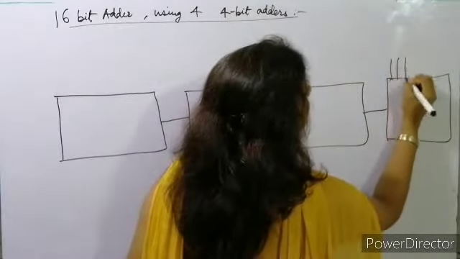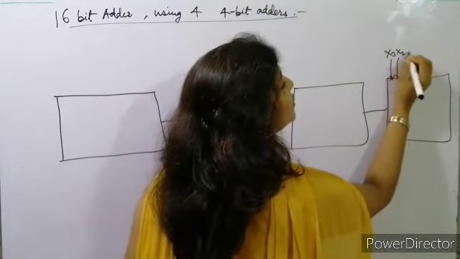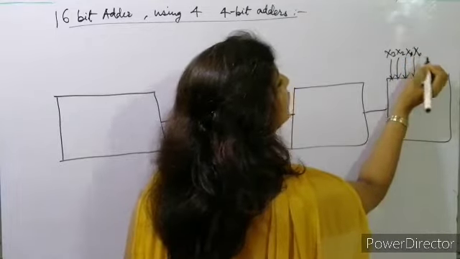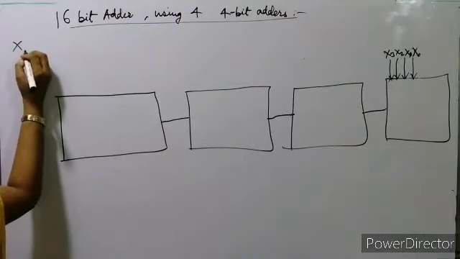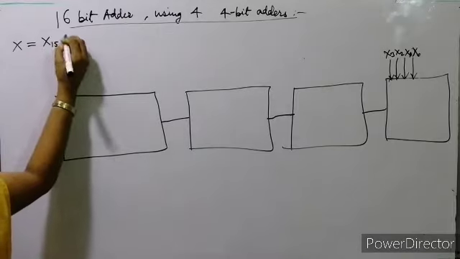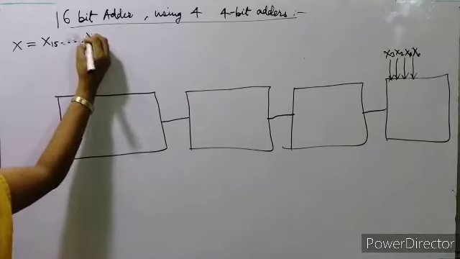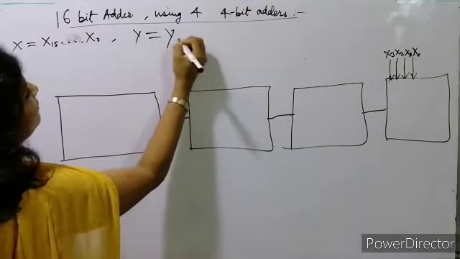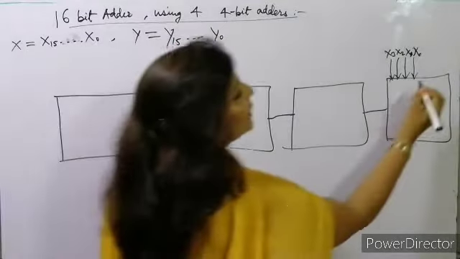So there will be 1, 2, 3, 4 inputs x3, x2, x1, x0. What do we have to take? X will be equal to x15 to x0, and y will be equal to y15 to y0. So that was x.